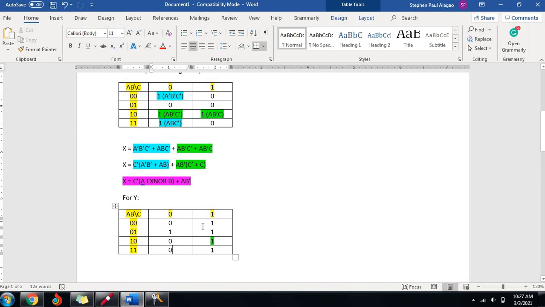So if you notice here, again we're going to pair. If you look at the pairing here, this 1, the one in green and the one in blue, can no longer be paired simply because this one is paired on top.